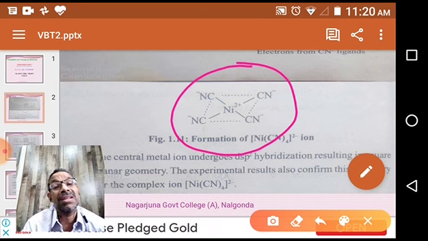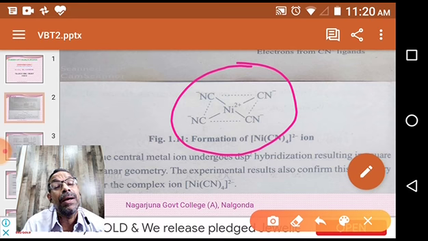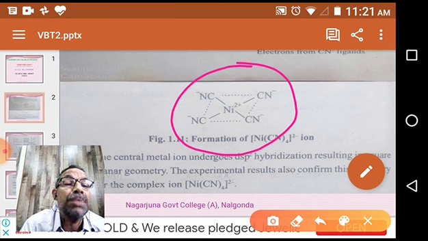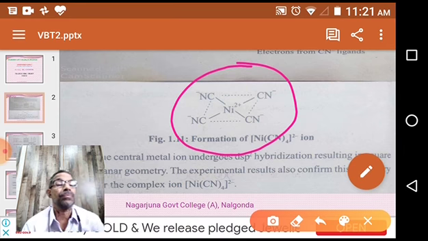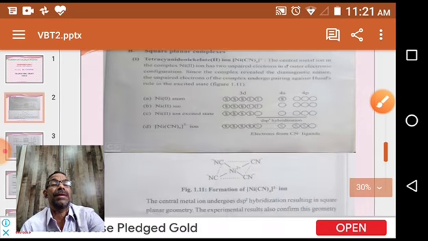In the last class we discussed 4 coordination number, which may exhibit either a tetrahedral or square planar geometry. So this complex is square planar due to dsp2 hybridization. Okay, then next slide.